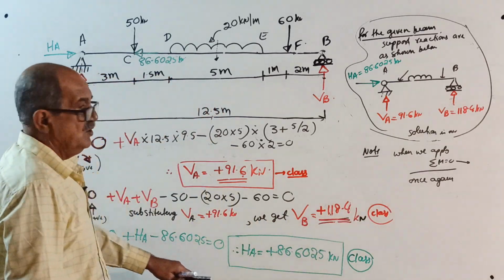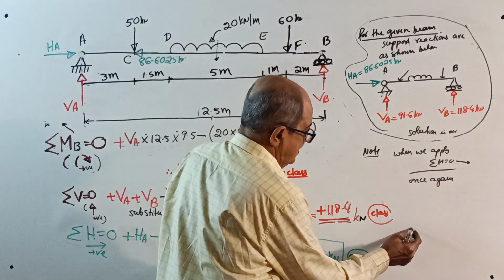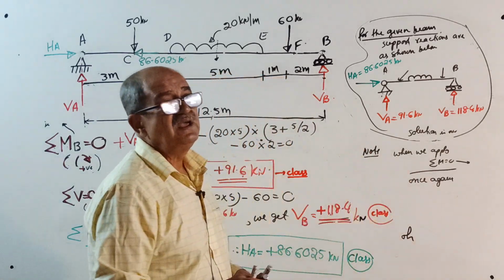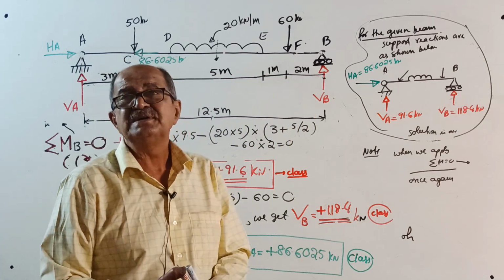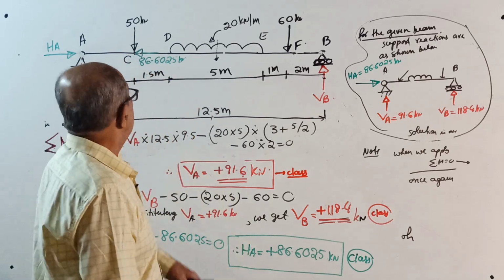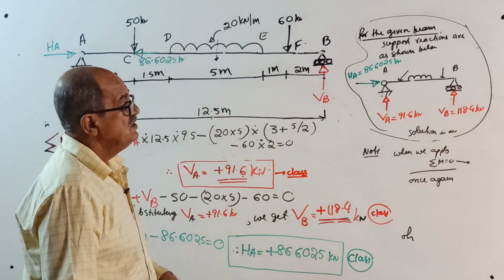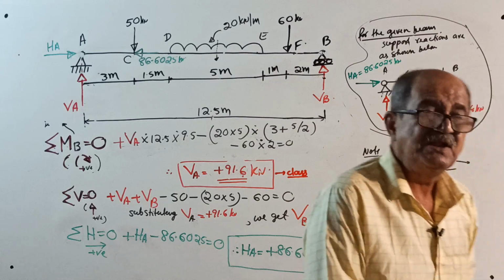Same answer we got. So whether you take moment about A first or B first does not matter. But in the class, we usually take moment about the left hand side, out of habit. Okay, this is also over. Make a note.